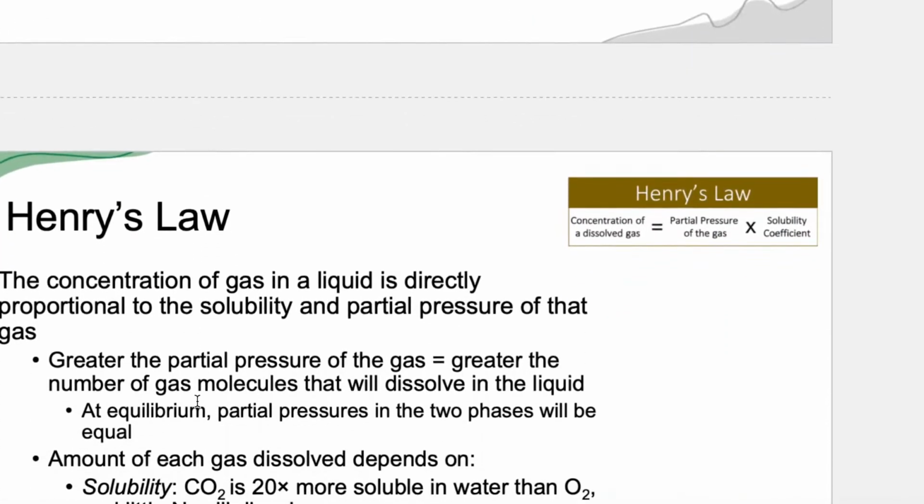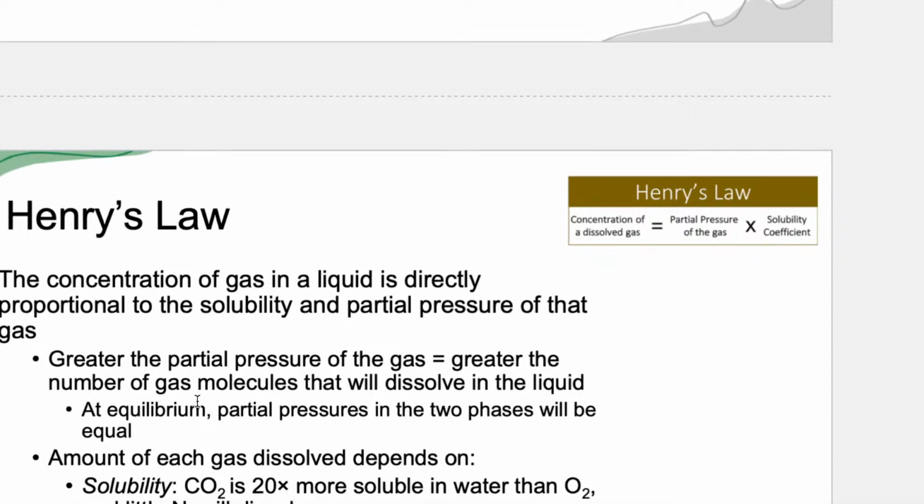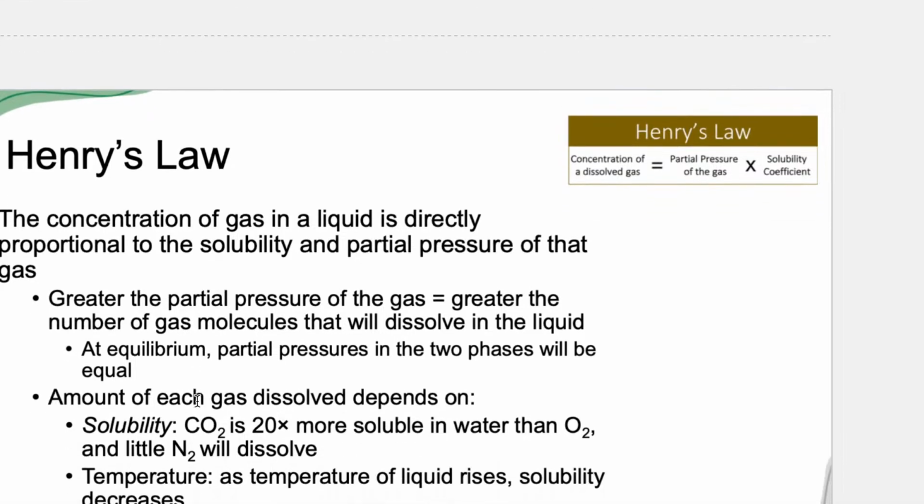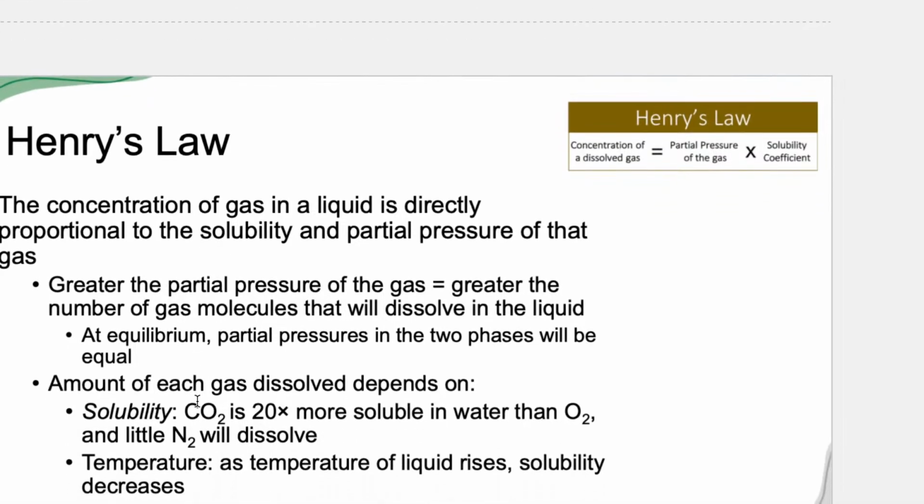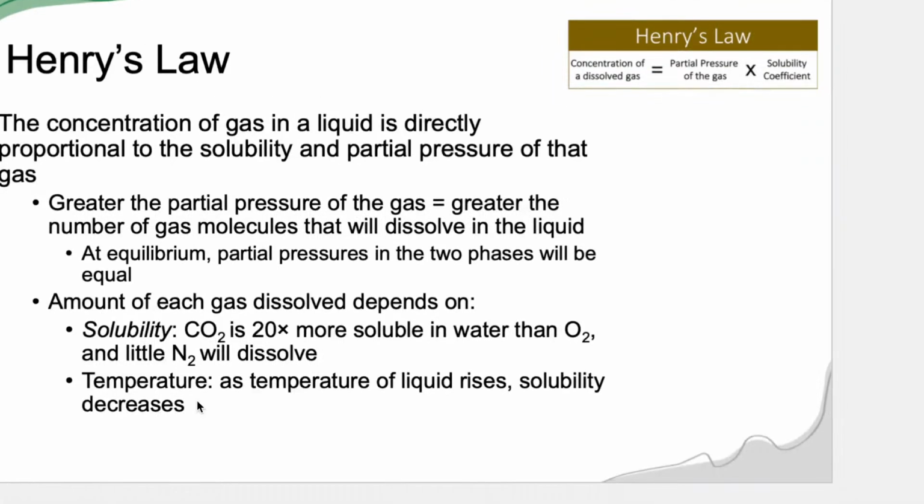So the concentration of a gas in a liquid is directly proportional to the solubility and partial pressure of that gas. So the greater the partial pressure of the gas, the greater the number of gas molecules that will dissolve in the liquid. So the higher the partial pressure, the more it'll be soluble.